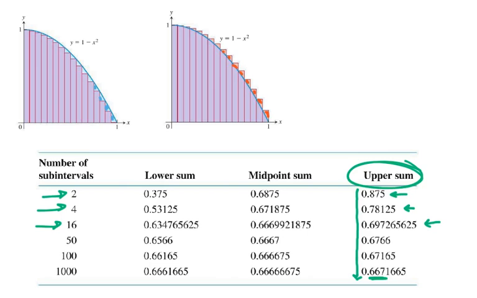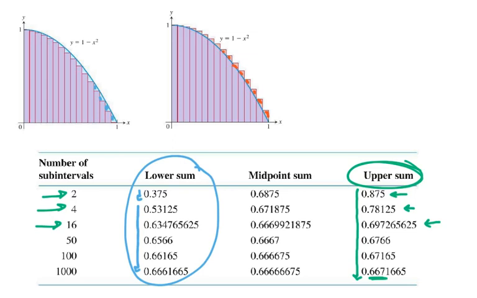Now, the lower sum, which we said underestimates, starts with a lower value, and you'll notice that as I create more rectangles, this area approximation is getting larger.